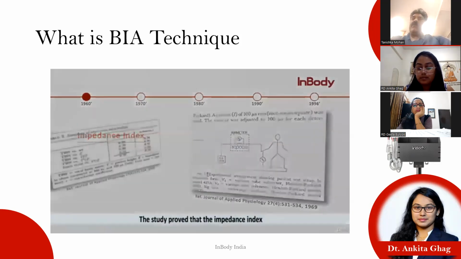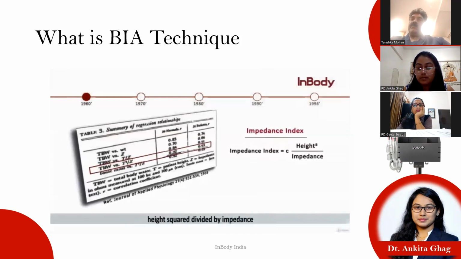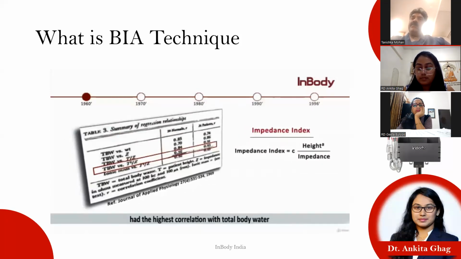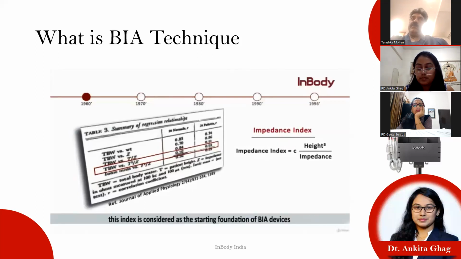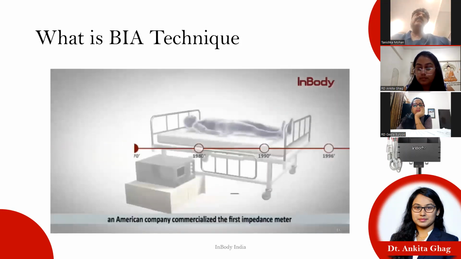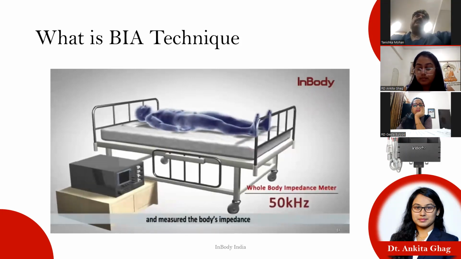This study proved that the impedance index, height squared divided by impedance, had the highest correlation with total body water. This index is considered the starting foundation of BIA devices. Ten years later, an American company commercialized the first impedance meter. This meter used a single frequency of 50 kilohertz and measured the body's impedance.